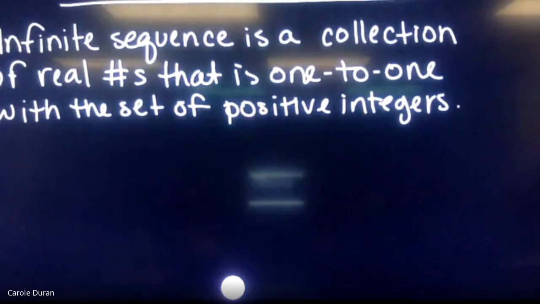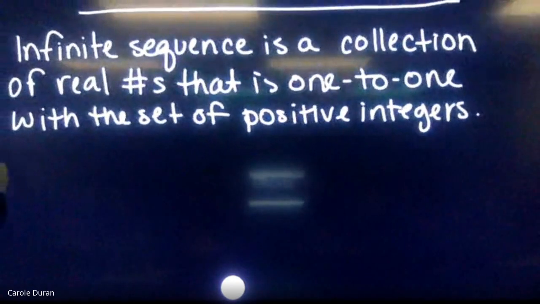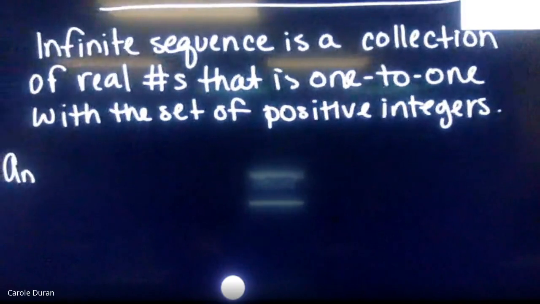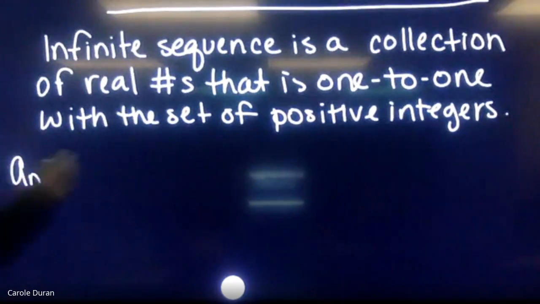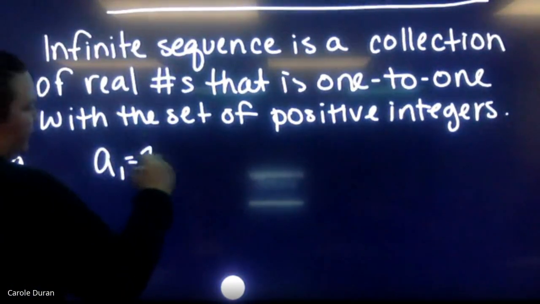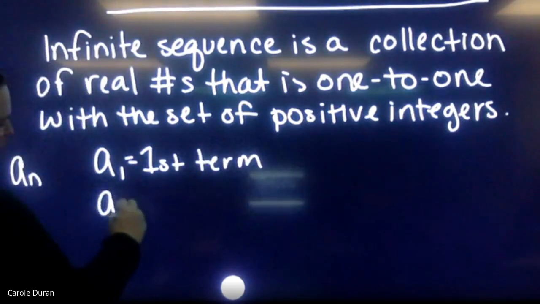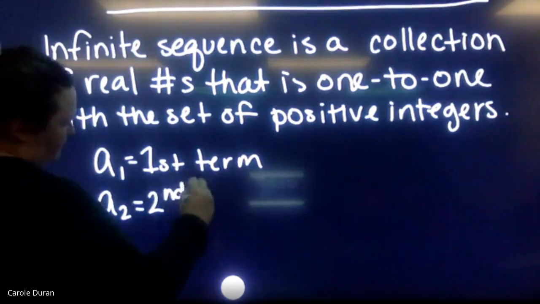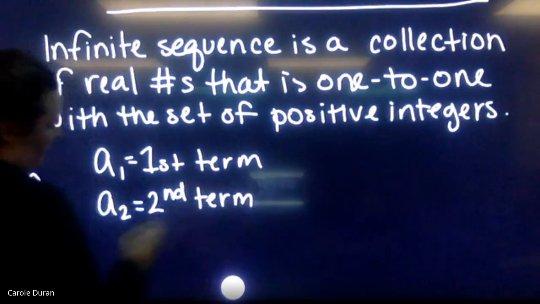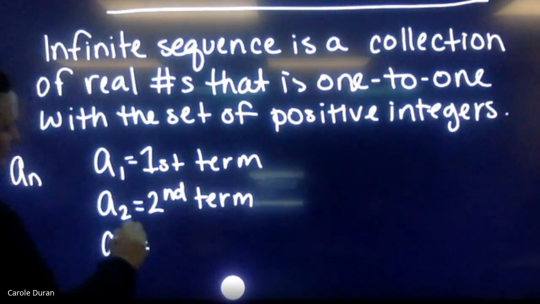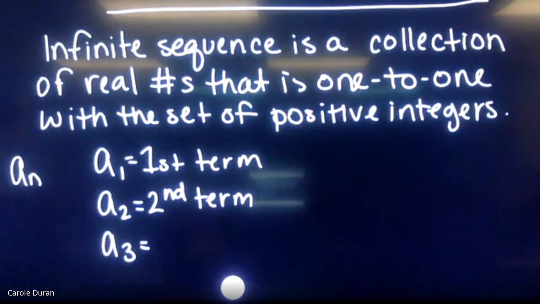Their order is noted by a term value A of n, where the n value tells you what number term it is in the sequence. So A of 1 is our first term. A of 2 would be our second term. A of 3 would be which term? The third term. And it just goes on and on and on.